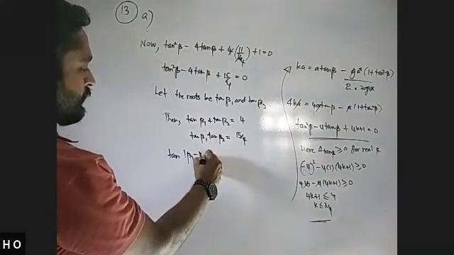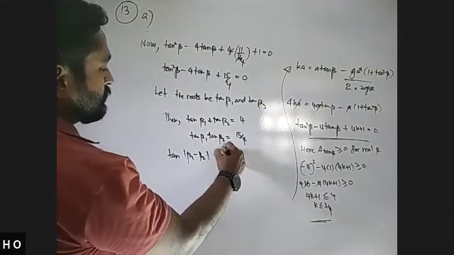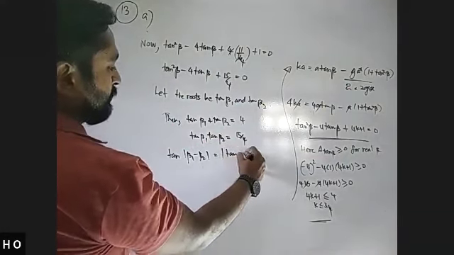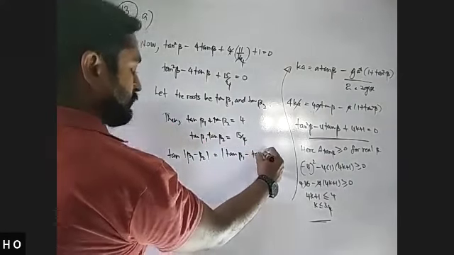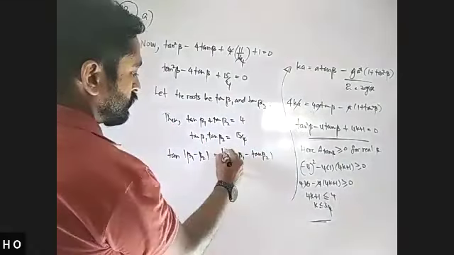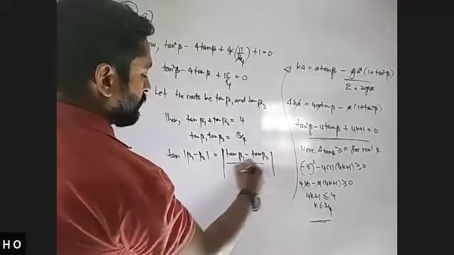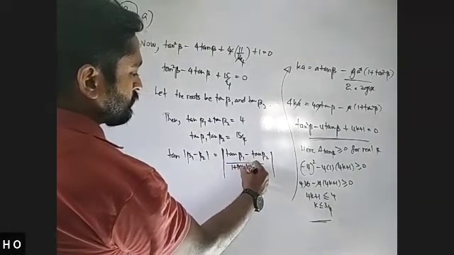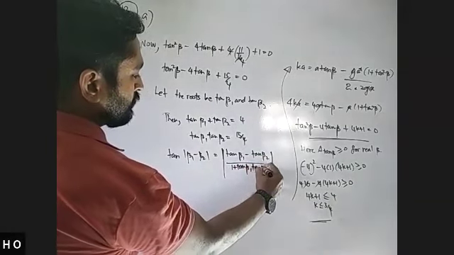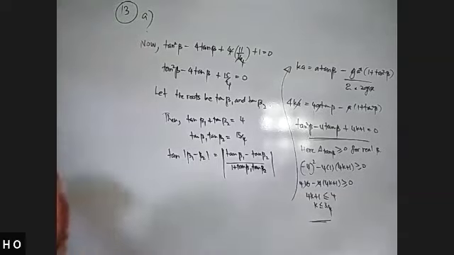Tan of beta 1 minus beta 2 equals modulus of tan beta 1 minus tan beta 2 over 1 plus tan beta 1 tan beta 2.